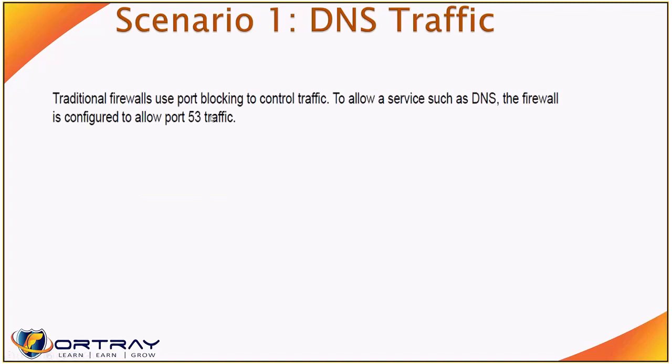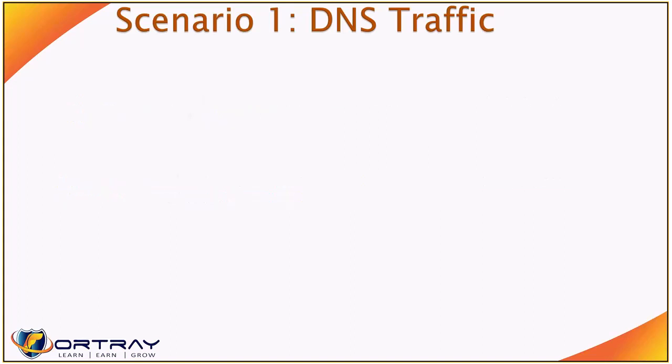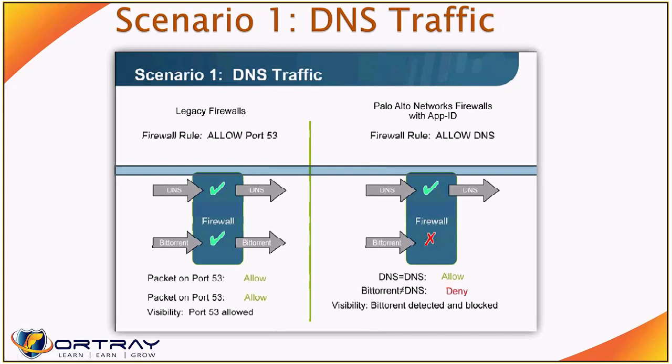A traditional firewall uses port numbers to block or allow traffic. To allow services such as DNS, the firewall is configured to allow port 53. In this example, DNS traffic is allowed. So let's talk about this DNS traffic. For example, DNS traffic is allowed in your firewall.